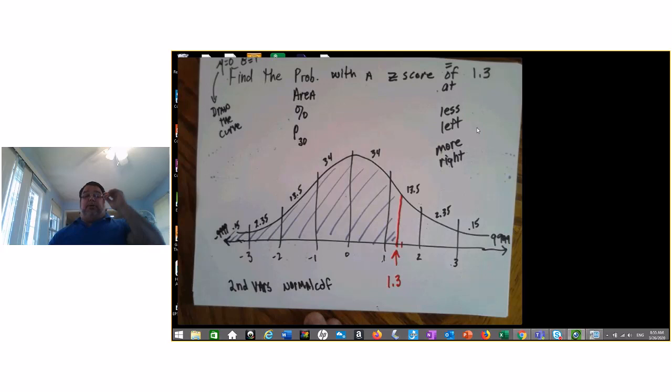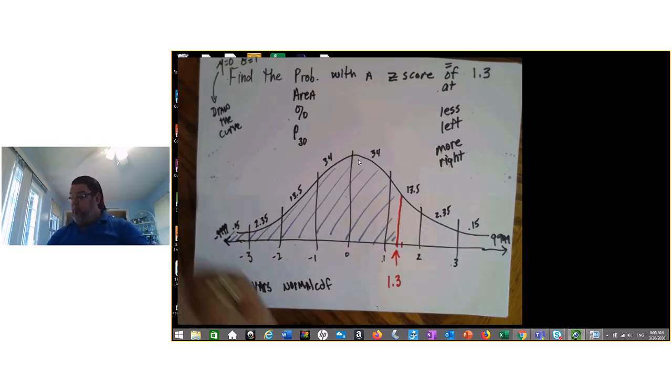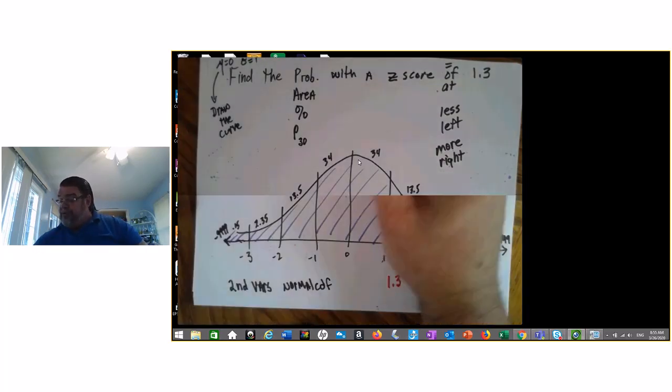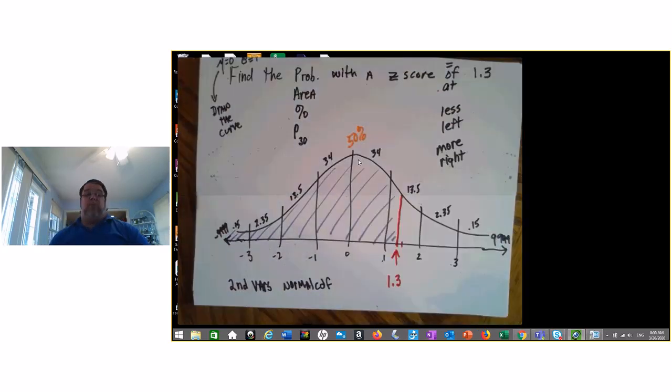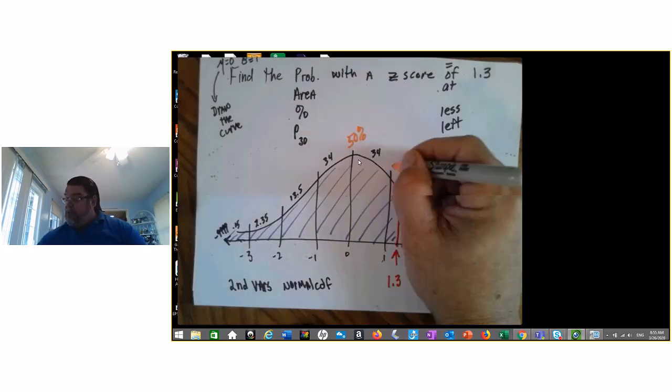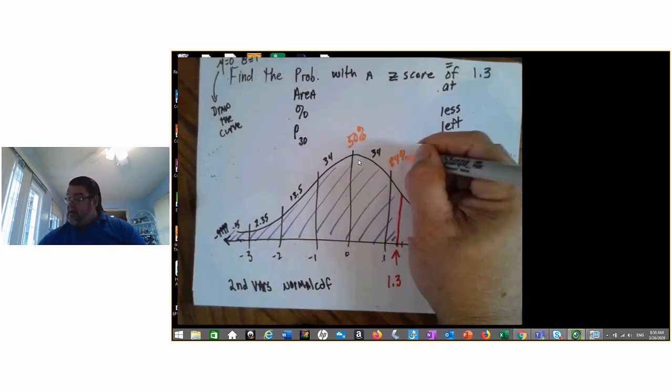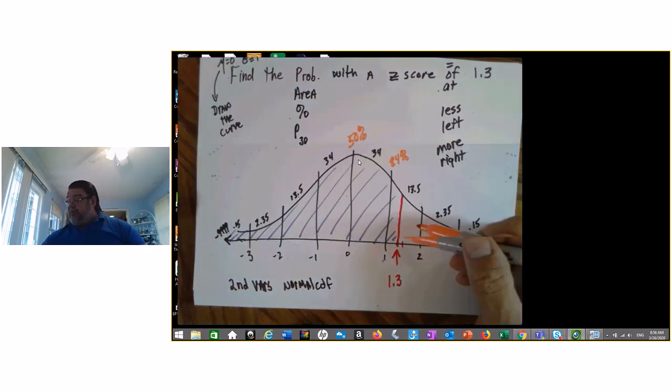Anyway, so add up from left to right. We know this is 50%, don't we? Yes. Okay. So if that's 50%, we know this is 84%. And we know that this 1.3, that's a third.